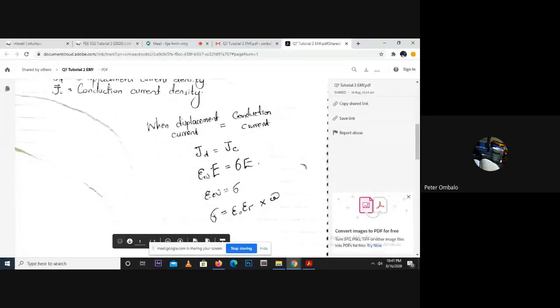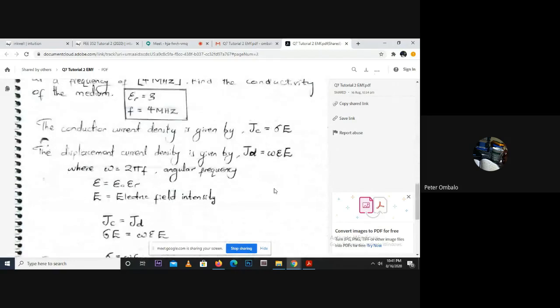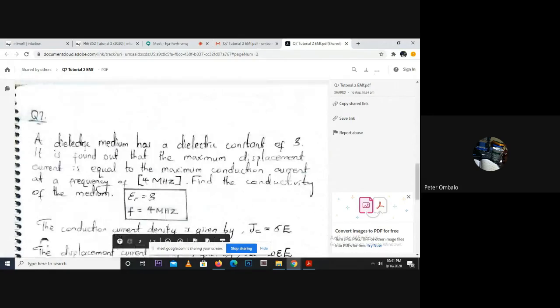So we can get the angular frequency if we are given the conductivity, and we can get the conductivity if we are given the angular frequency. So up to that point, I guess we are good to tackle our question. Going back to it, we had been given the relative permittivity as 3, and the frequency as 4 megahertz.